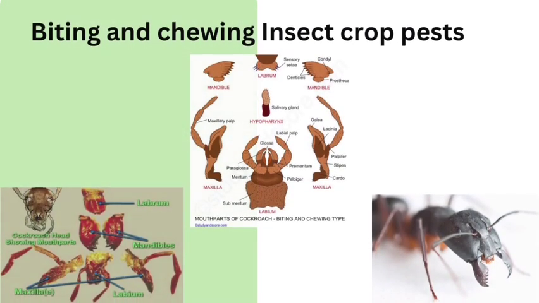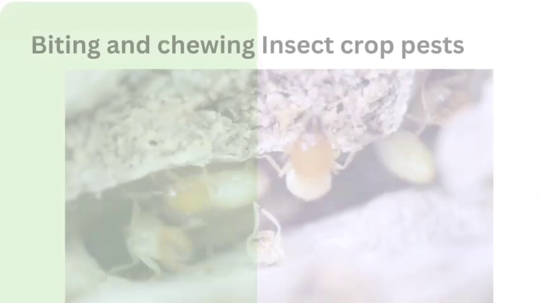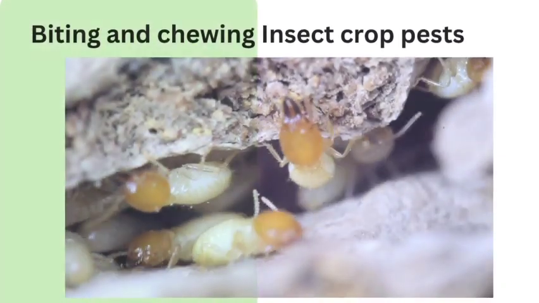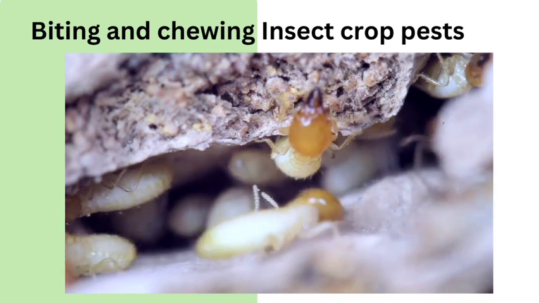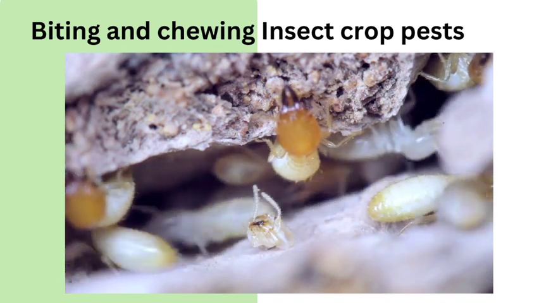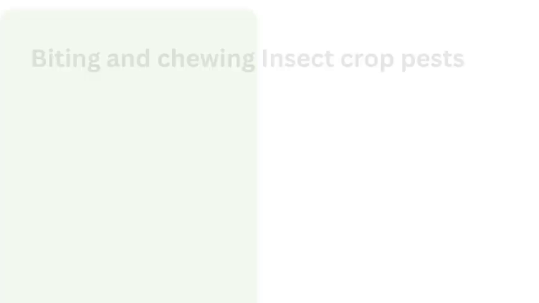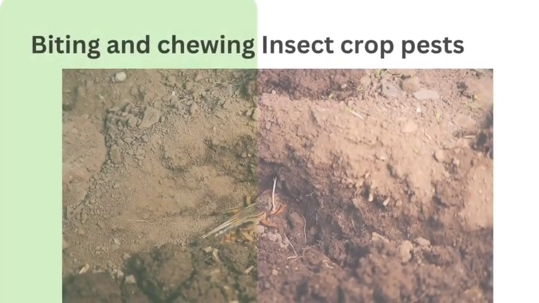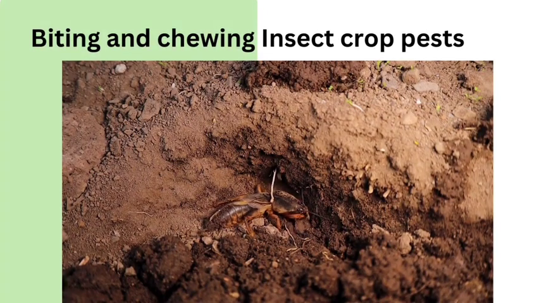Now, the first one, biting and chewing insect crop pests, mostly their mouth part is characterized by mandibles and maxillae. The mandible is a part of their mouth that is used for cutting and chewing leaves and also stems of crops. Biting and chewing insect pests can also attack the roots of crops, for example, the roots of oil palm.